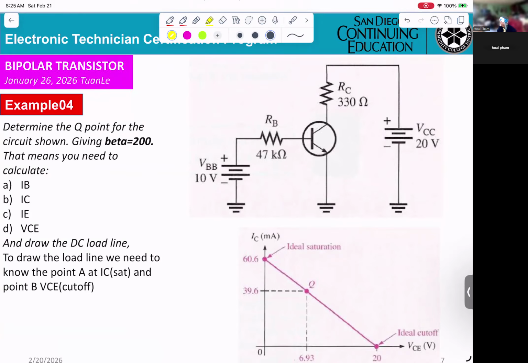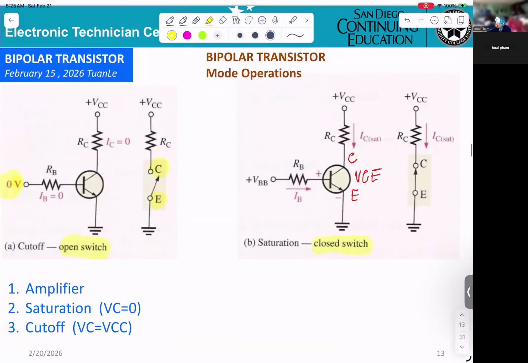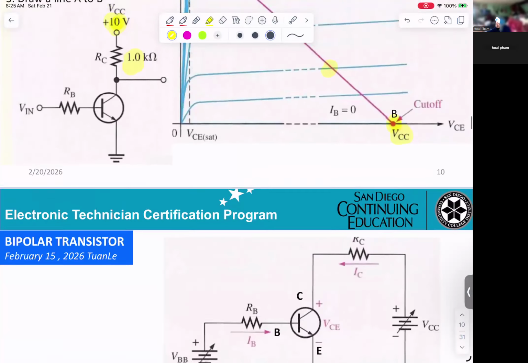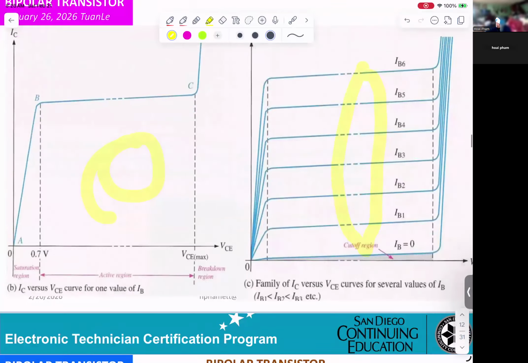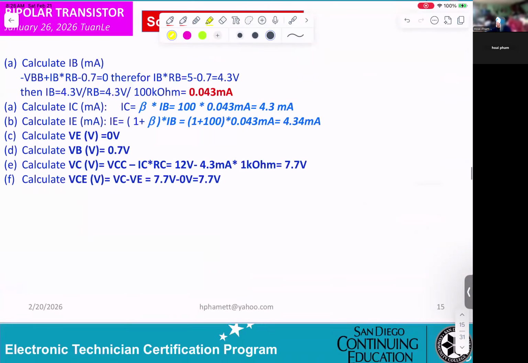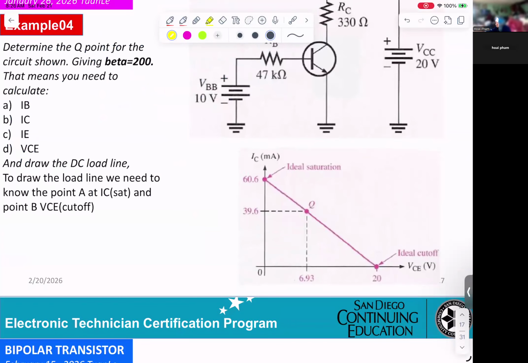How do we calculate the current IC in saturation? Go back here. At point A, saturation, IC saturation equals VCC divided by RC. So that will help you get point A and point B, and draw the line.